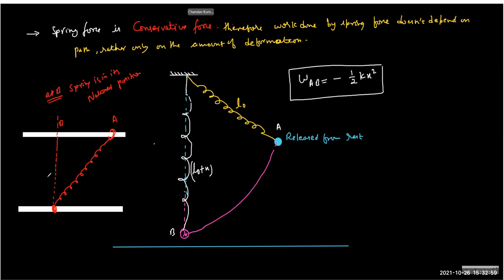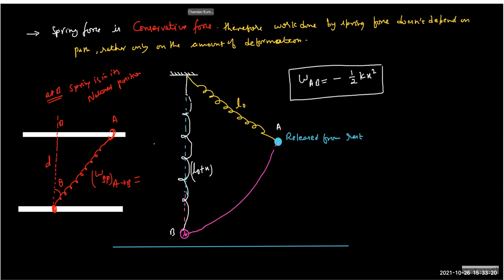If I call this separation D, and if I call this angle theta, what is the work done by the spring while going from A to B? Tell me, guys. Minus half k d cos theta square.